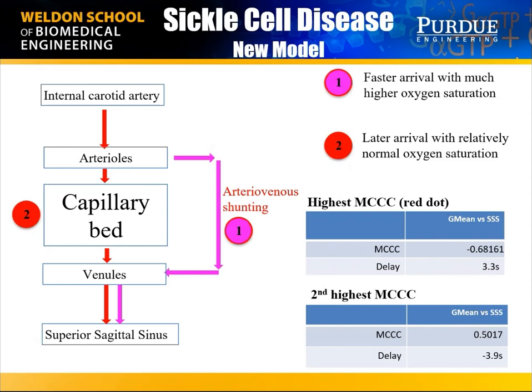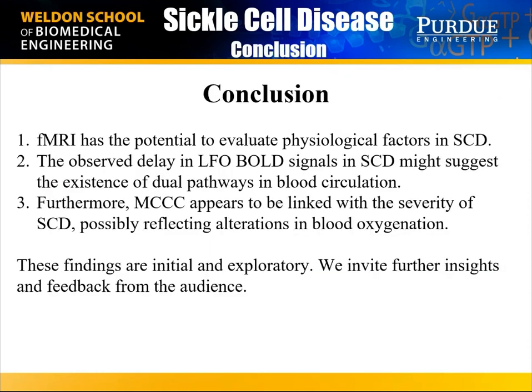The other part of the blood goes through the harder path, the capillary bed, traveling the regular way. That arrives at your superior sagittal sinus later with the typical oxygen saturation. By doing this, we try to explain both the negative maximum cross correlation coefficient and the 2 different delays.